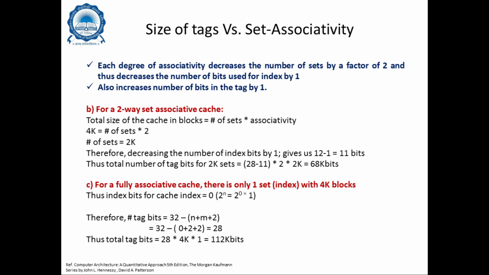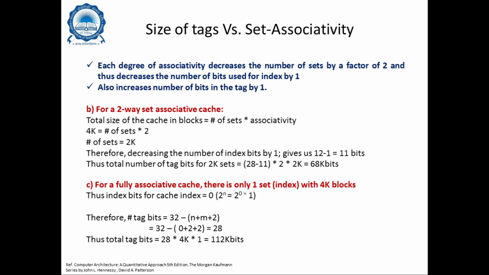So we know that each degree of associativity decreases the number of sets by a factor of 2 and thus decreases the number of bits used for index by 1 bit. Okay, the number of sets decreases by a factor of 2. This is obvious because when you have the degree of associativity increase from 2 to 4, then obviously the number of sets will keep decreasing by a factor of 2.